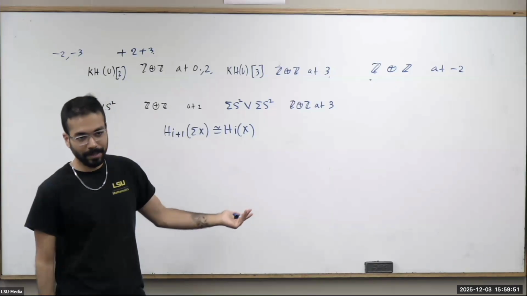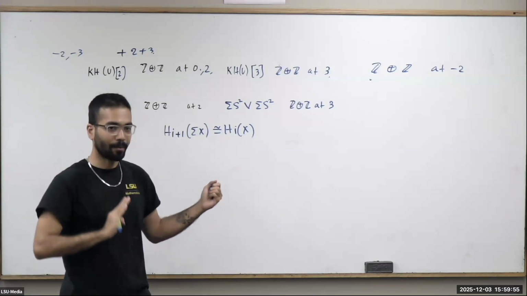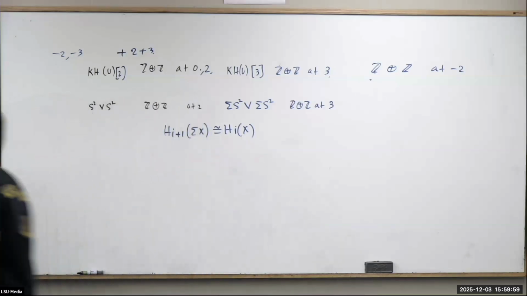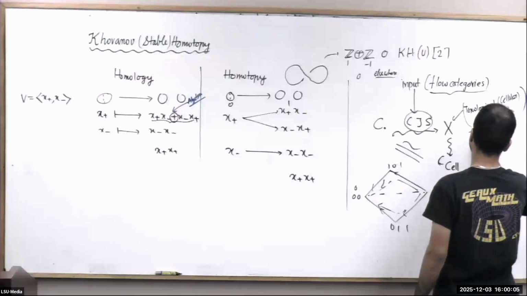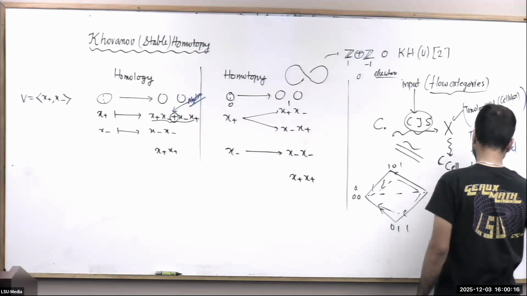There is no topological space like that. In topological spaces, you can always shift up, but you can't shift down. In other words, topological spaces are not triangulated. So let's go back here. The problem with doing homology theory is that they are not triangulated. In other words, you can't shift down.